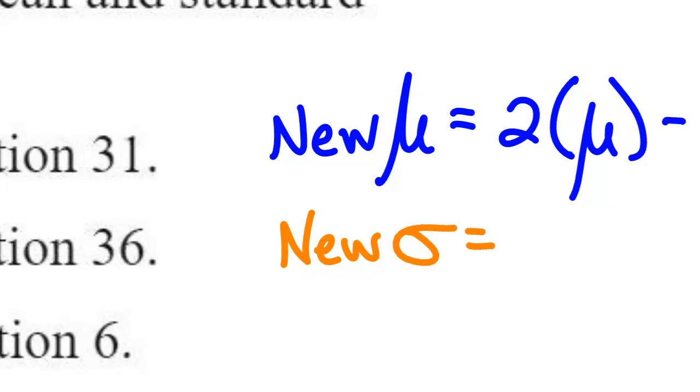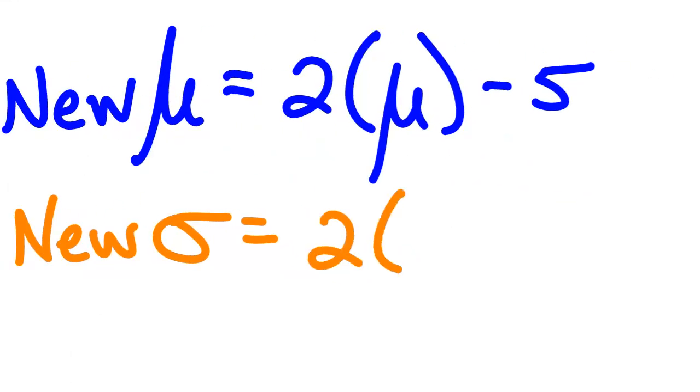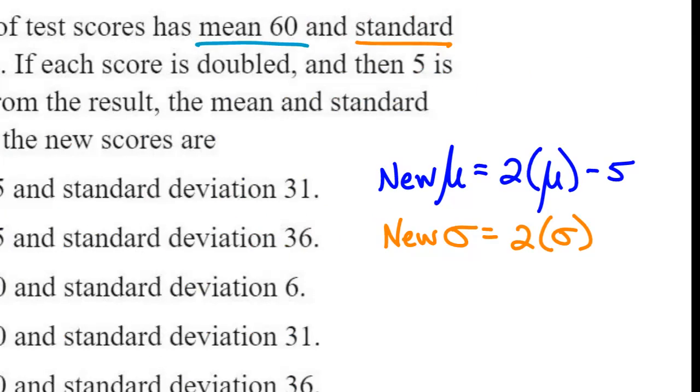New sigma, we're going to do 2 times our old sigma, but we don't do any addition or subtraction with standard deviation because standard deviation describes how spread out my data is. If I double it, it's going to get wider. If I divide by something, it's going to get narrower. But adding and subtracting is just like moving the number line underneath it. It's not going to make it wider or narrower.